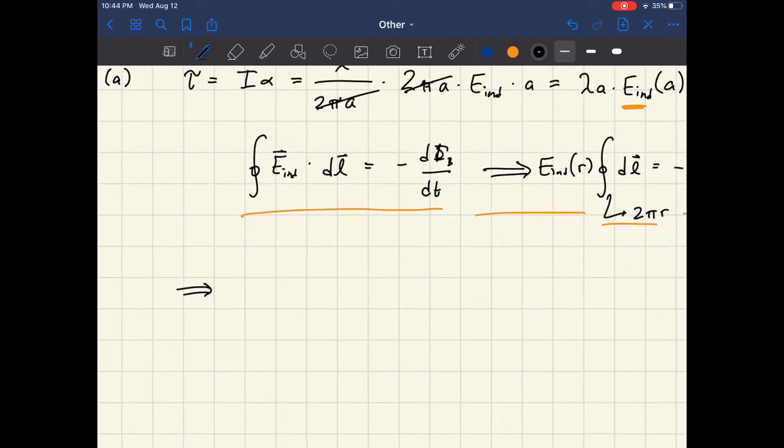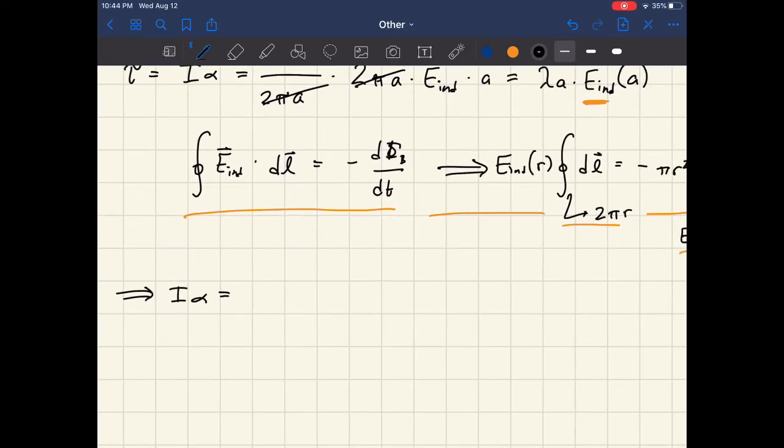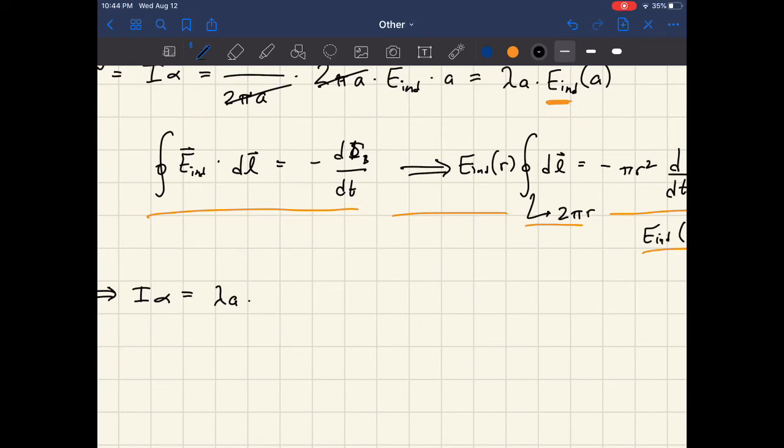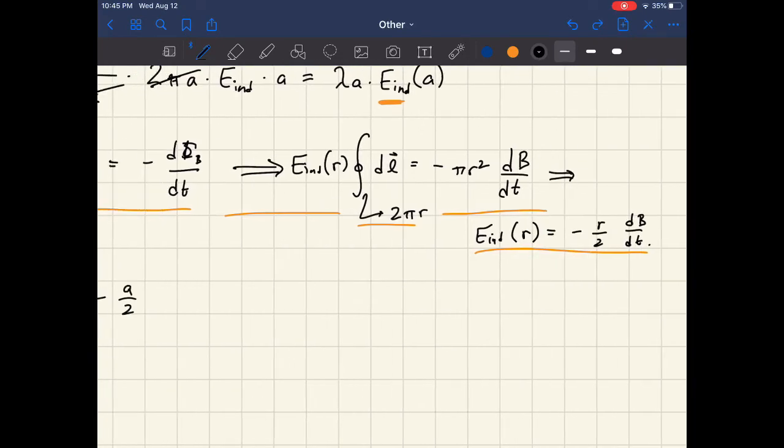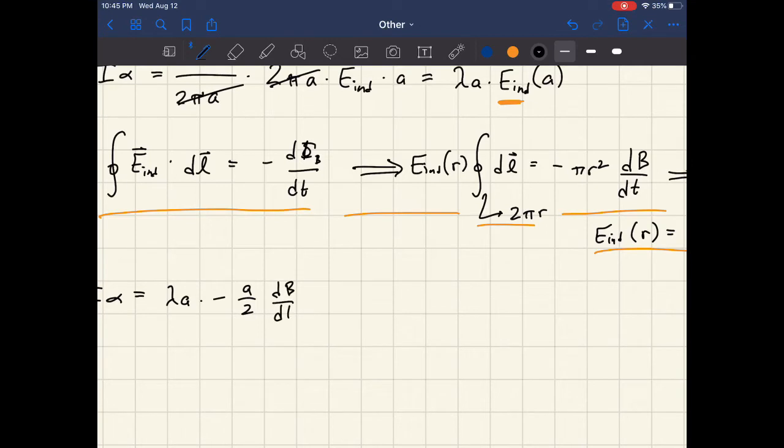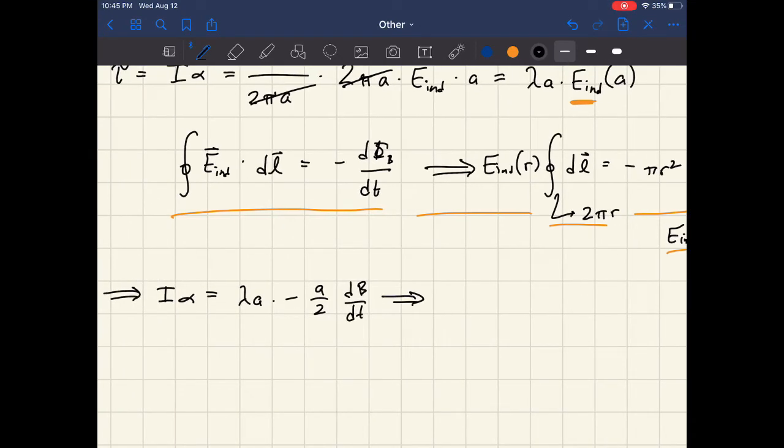So we have I alpha is equal to lambda a times negative r over 2, well, in this case, negative a over 2, times dB dt, and that finally gives us that the angular acceleration is equal to negative lambda a squared over 2I dB dt.